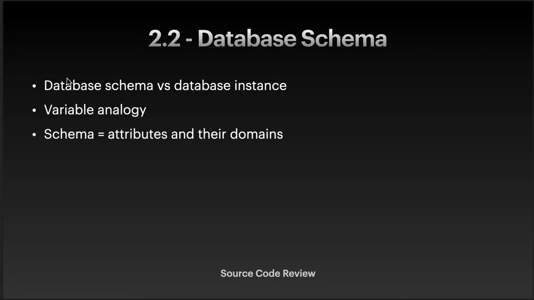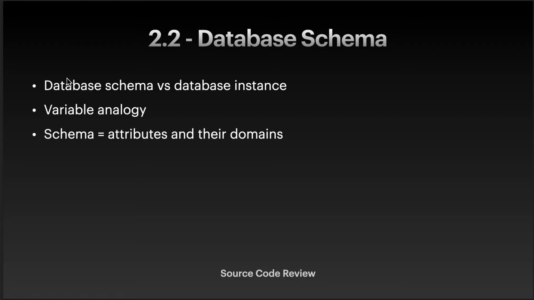The book explained this using a variable analogy. I'll quickly go over it. Basically, a relation or a table is equivalent to a variable, and a schema is equivalent to a type definition of a variable, right, like integer.